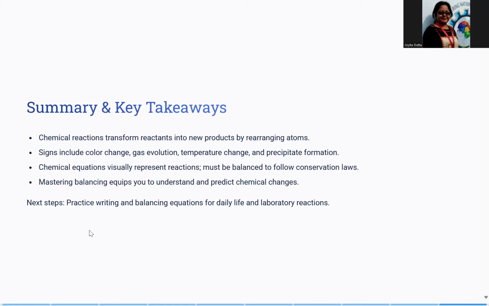Chemical reactions are visually represented, and reactions must be balanced to follow the law of conservation of mass. Mastering balancing equips you to understand and predict the chemical changes. What kind of change has taken place is what is very important for us to know. So that is how a chemical reaction takes place.